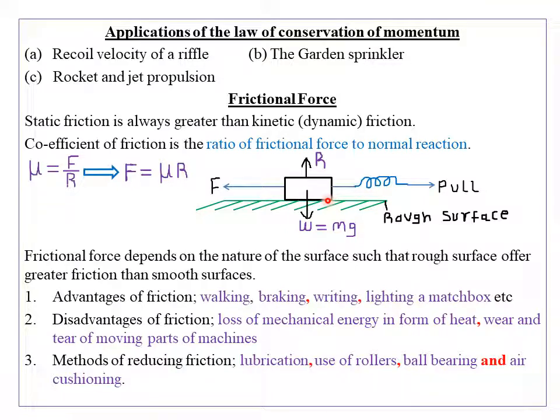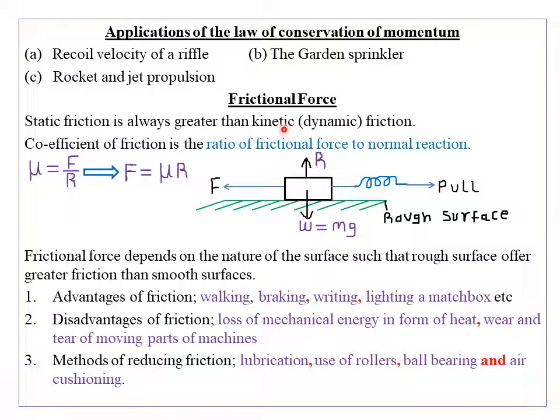Remember, kinetic energy is the energy possessed by a body in motion. So if our block is moving in that direction, the frictional force between these two surfaces, which are in contact but moving relative to each other, is what we call kinetic friction.